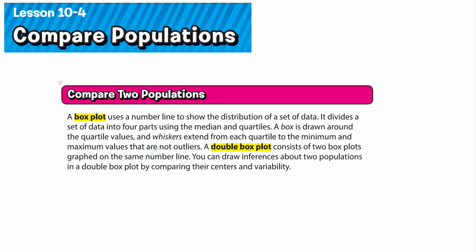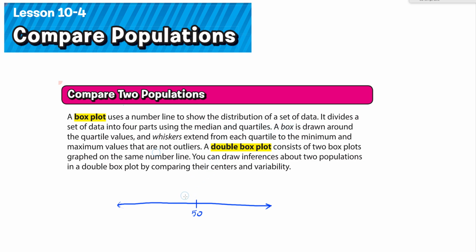Let's take a quick little look at what a box plot might look like. How these are going to work is we are going to have a number line, and somewhere along the way here we are going to have whatever the median ends up being. So let's say the median was at 50. What that's going to look like on the graph is a mark inside this box.